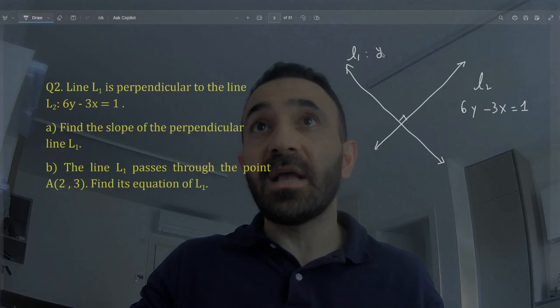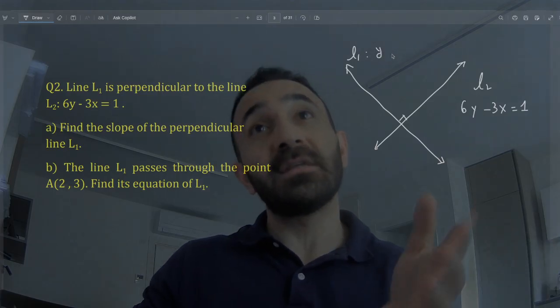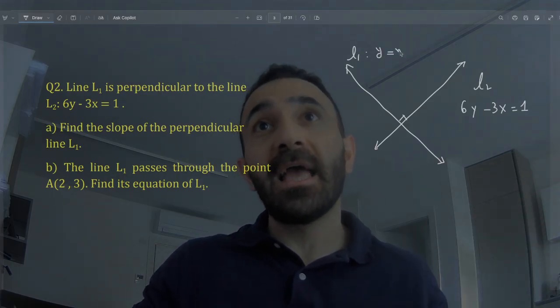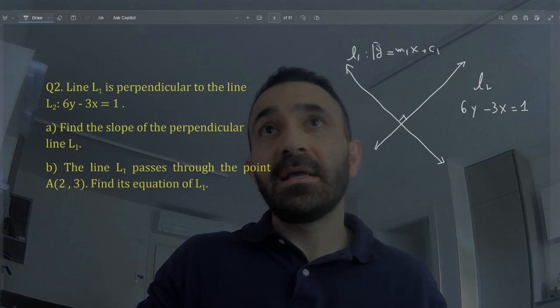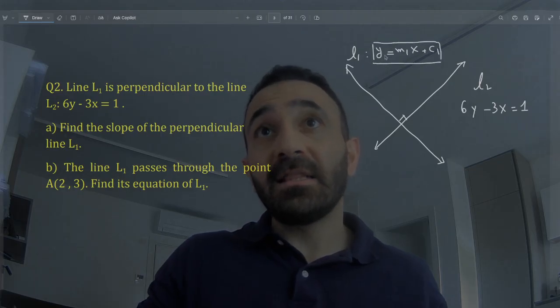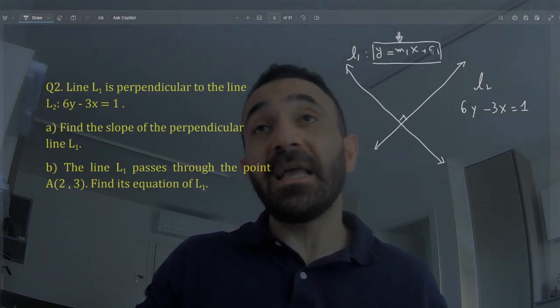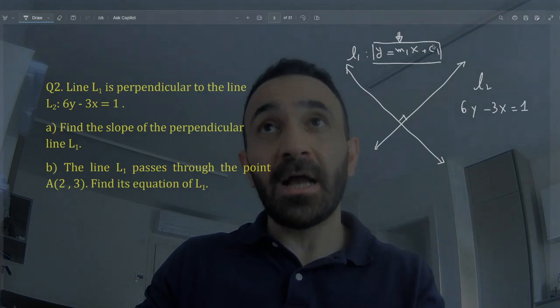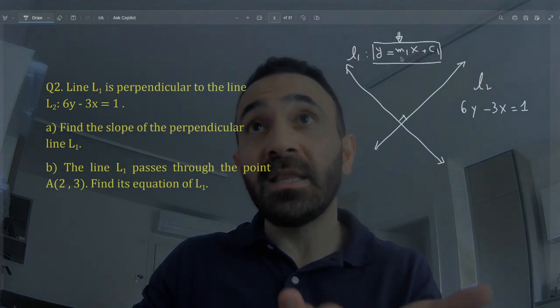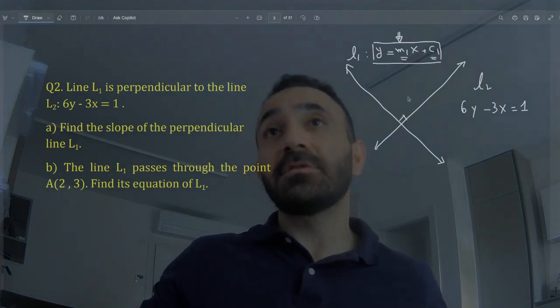Again, the slope-intercept form of the equation of line 1 is y equals m1x plus c1. Remember, this is the general equation of any line. So when I ask you to find the slope or the equation of a line, I'm actually asking you to find these two values.